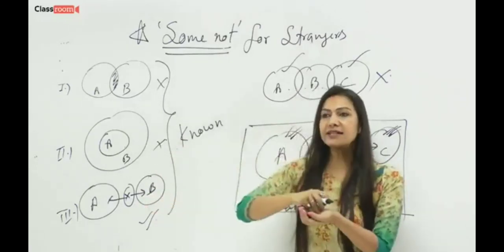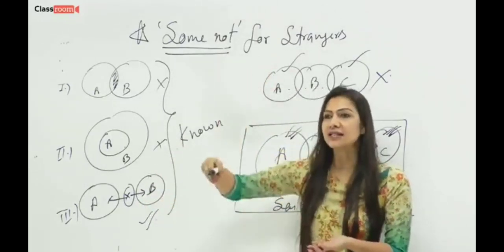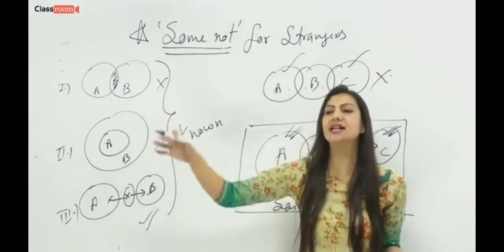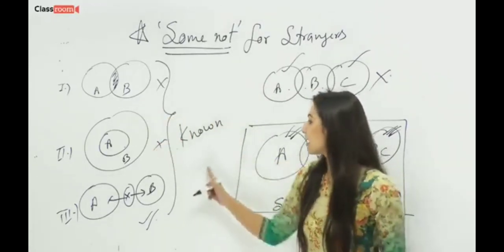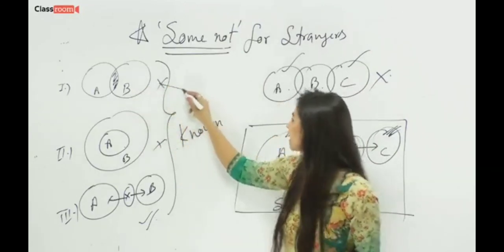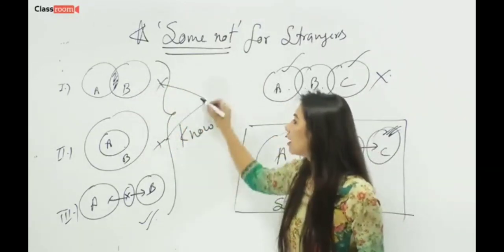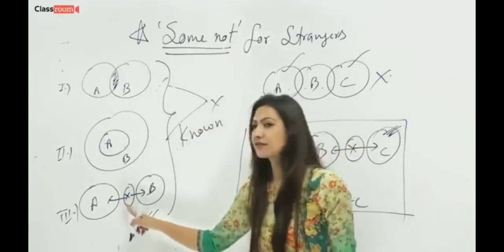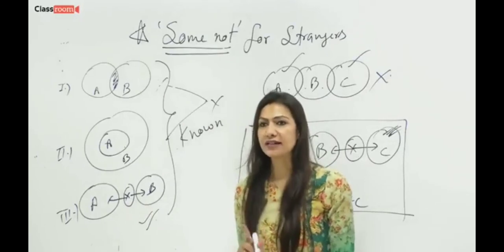Some Not is correct when there is a cross existing. If there is no cross existing, we don't need to check Some Not, we directly say it is wrong. Because Some Not was not correct here, we did not have any complete cross given, so we directly say the condition of Some Not was totally wrong here. Here it is right because of this cross. I think you are getting what I am saying.